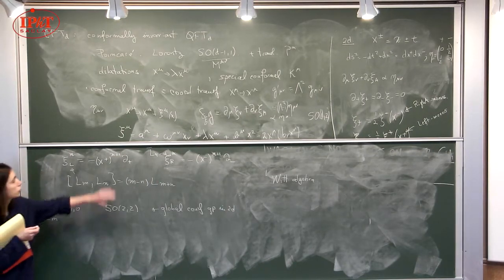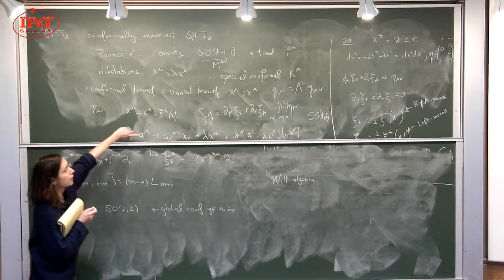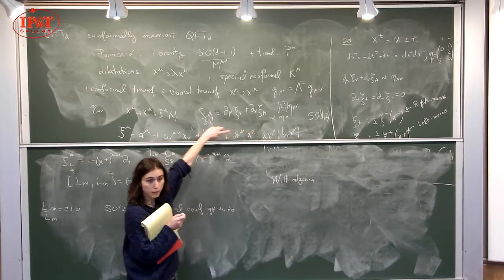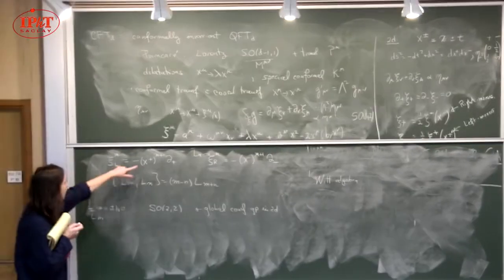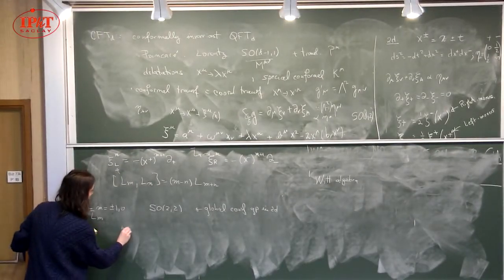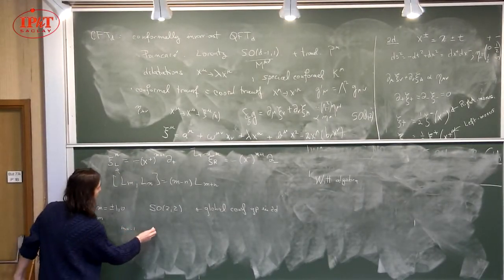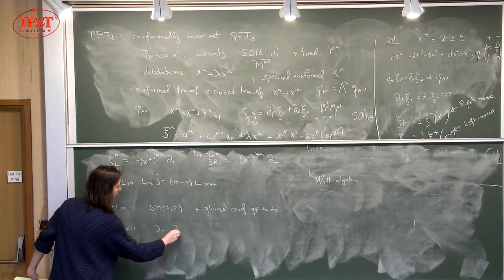So this is the 2-dimensional analog of the global conformal group that could be written in any dimension. They are generated by the L and L bar for these values. And we can easily see who they are, because for n equals -1, you get del plus and del minus.